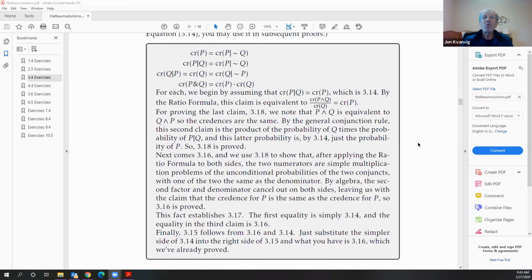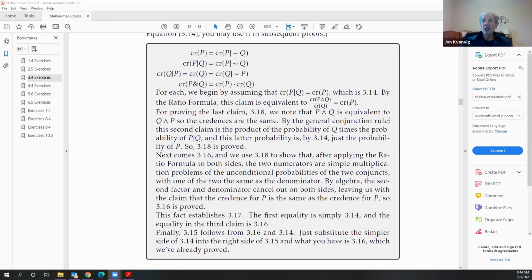Okay, I cleaned up the explanation of 3.18, which will help us see more easily how the proof is supposed to go. So let's start with the last claim, that the credence of P and Q is just the product of the individual credences. We note that P and Q is logically equivalent to Q and P, so the credences are the same.